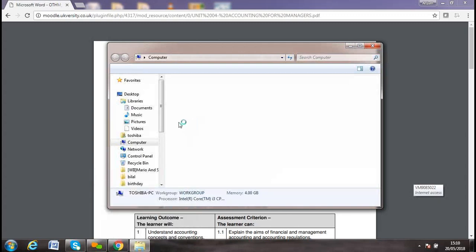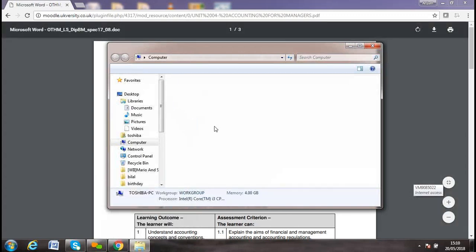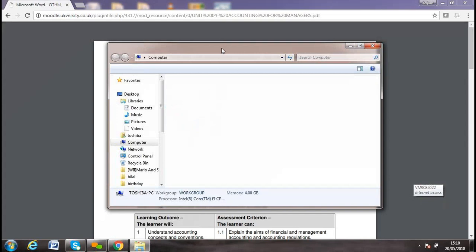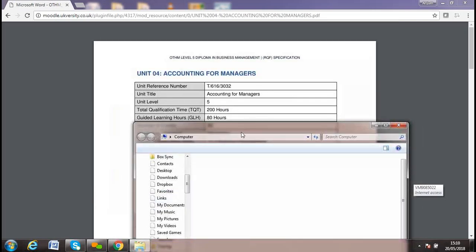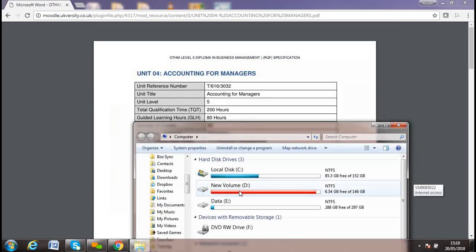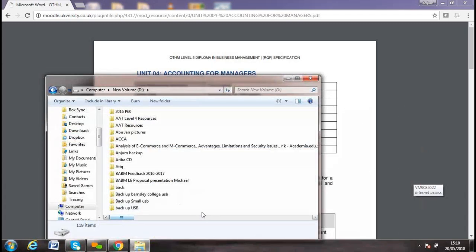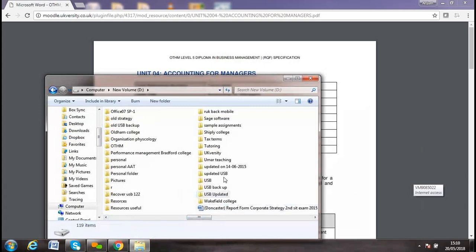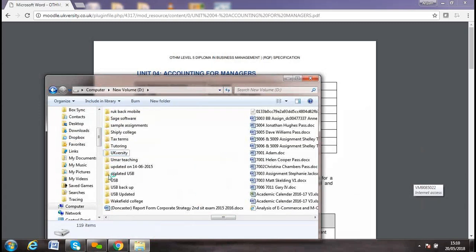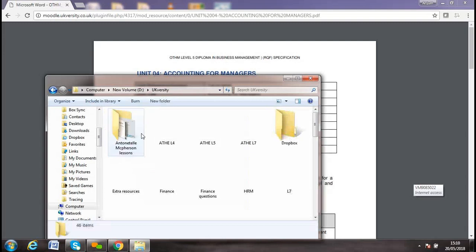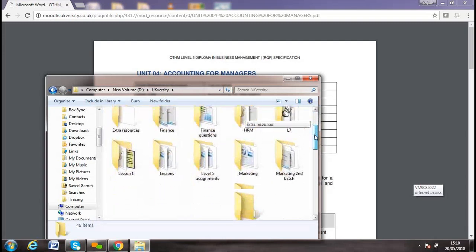Our new unit is called Accounting for Managers, Unit 4. So we are doing Unit 4.